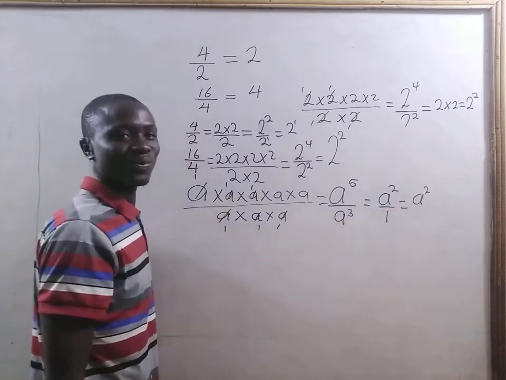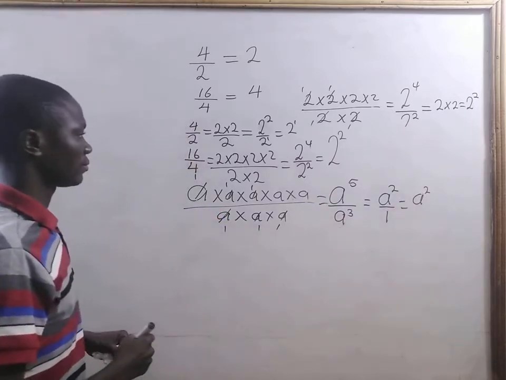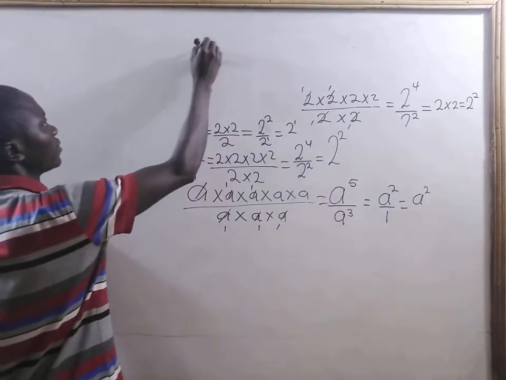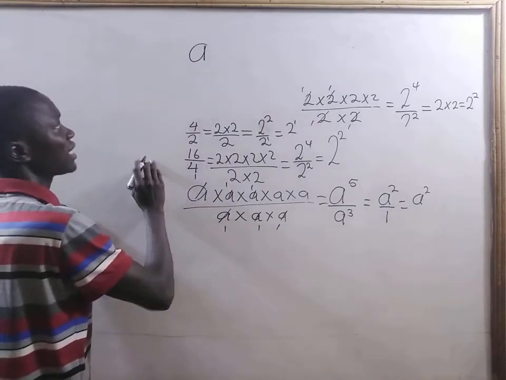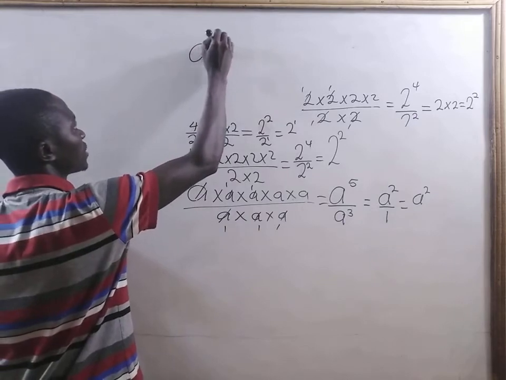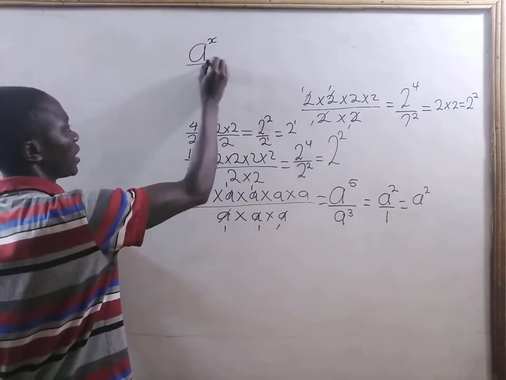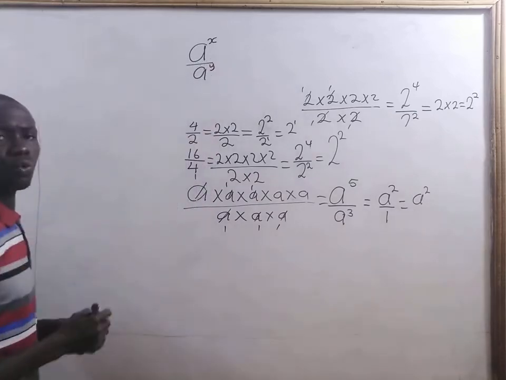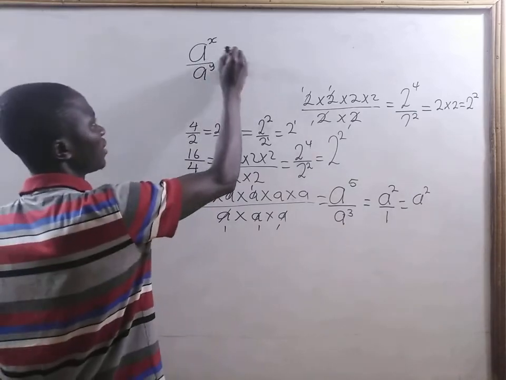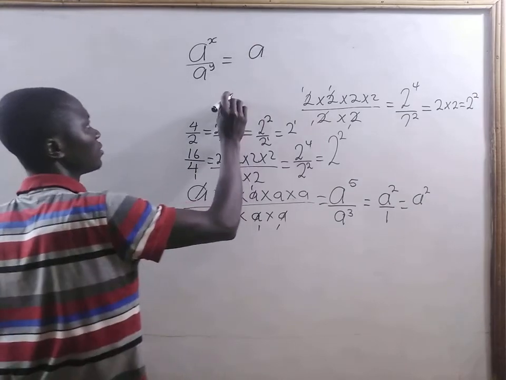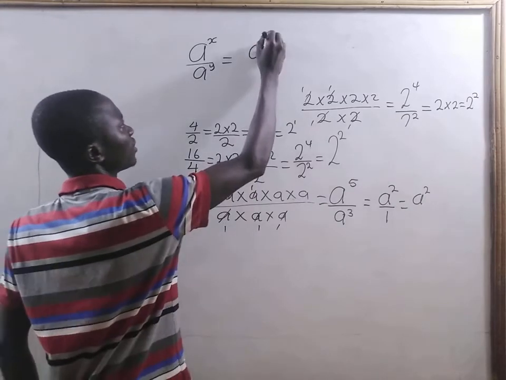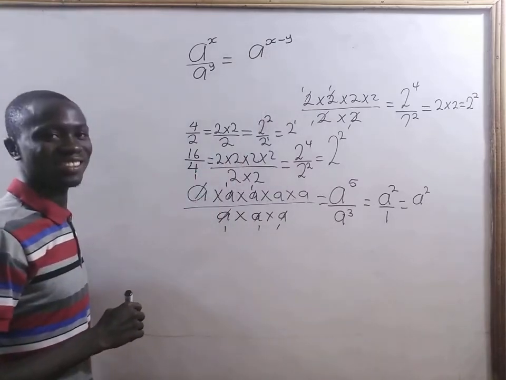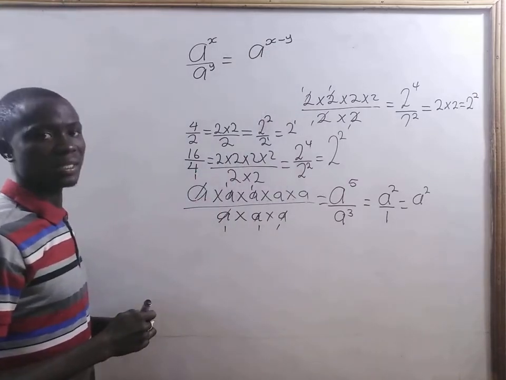So we can therefore conclude that if I have A multiplying itself x times, and it is divided by the same A multiplying itself y times, then I'm going to have A multiplying itself x minus y times. Very, very simple as that.